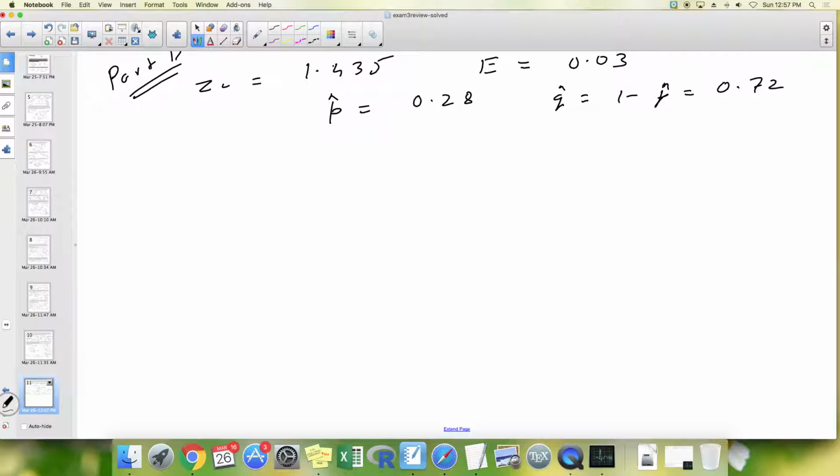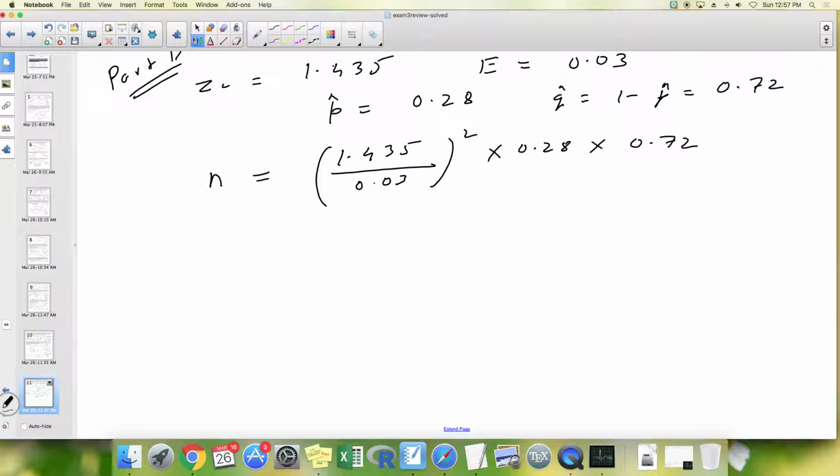Hence n equals zc by E whole square times p hat times q hat, which will come out to be 461.2664. So you can go ahead and say n is 462.